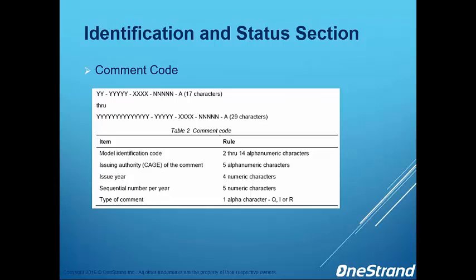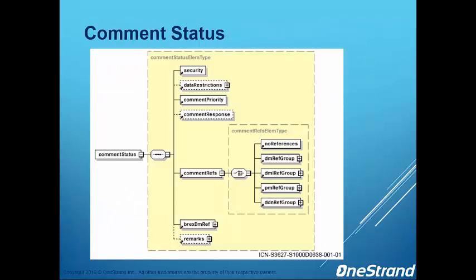Absolutely. When we get down into the comment status section, it looks really similar to what we have inside our DM status. So we're going to put in our security classification. We need to put in our comment priority, and there's only 3 of those: routine, emergency, or safety critical. Very simple.